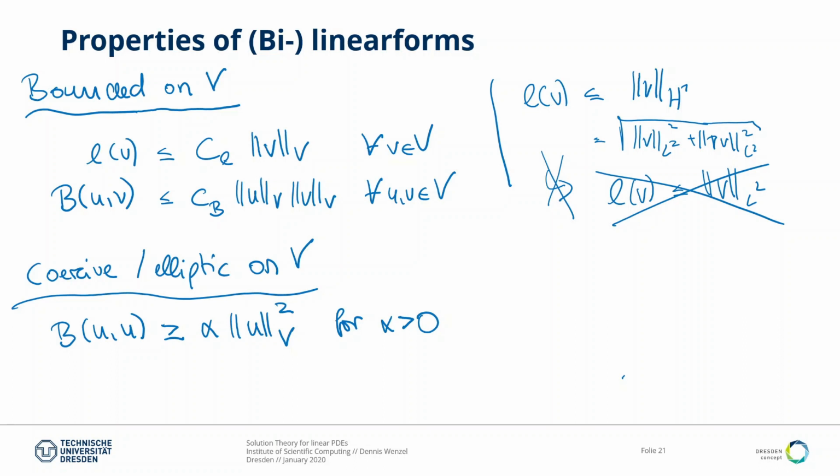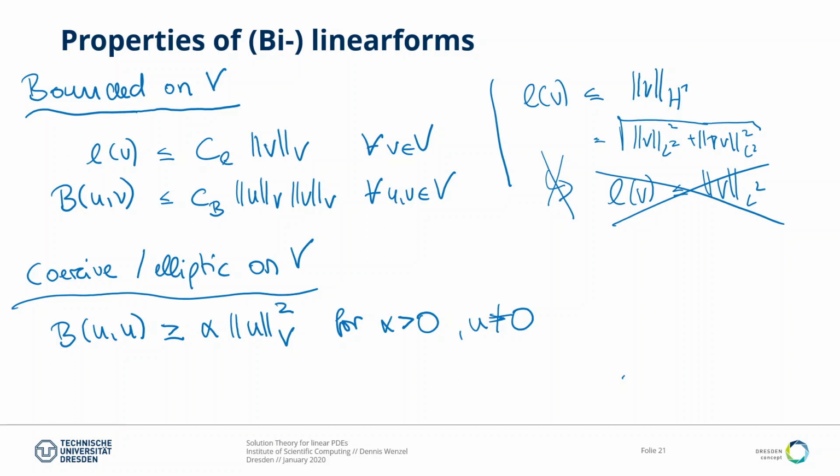What does this mean? Well, it means that you can not only bound your bilinear form from above if it's bounded, you can also bound it from below if it's coercive or elliptic. This is supposed to be true for all U that are not just the constant 0, of course.